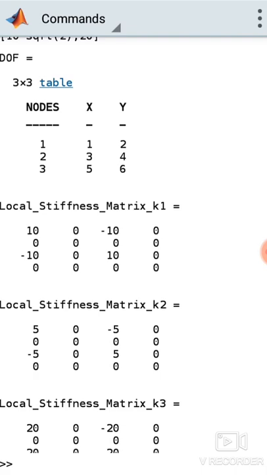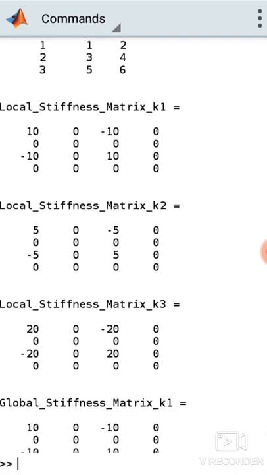At node 1 I have 2 degrees of freedom: it gives the number 1 to the x-axis degree of freedom, and the number 2 to the y-axis degree of freedom. Similarly, at node 2, it gives the number 3 to the x-axis degree of freedom and 4 to the y-axis degree of freedom, and so on.